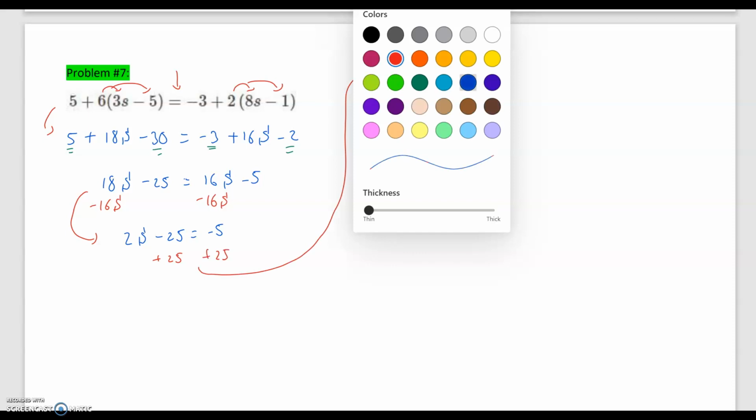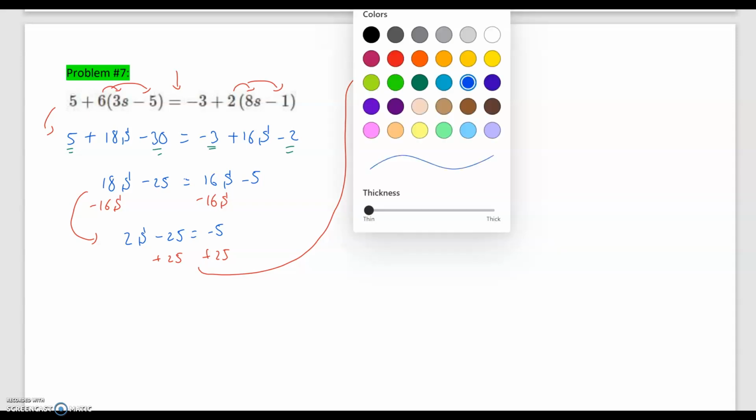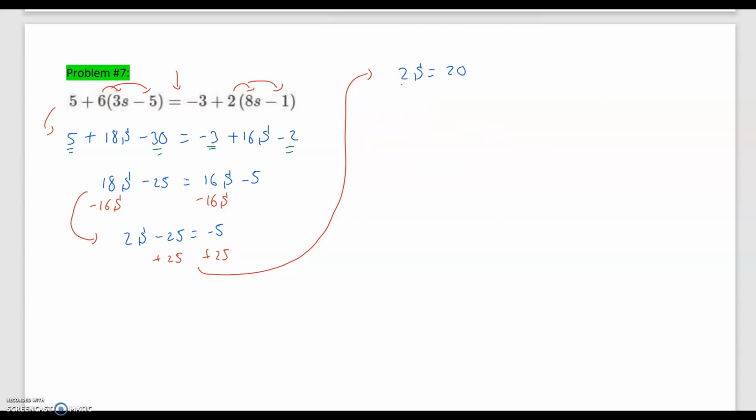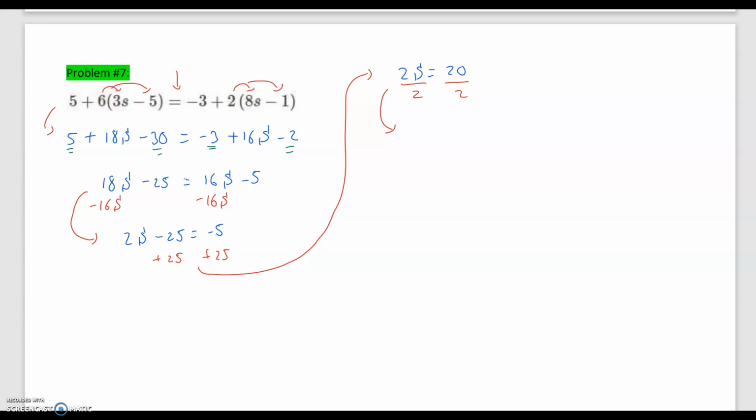So we're looking at 2s is equal to 20. And we're technically done. At this point, you're just dividing by 2, and we're looking at s is equal to 10 on this one.